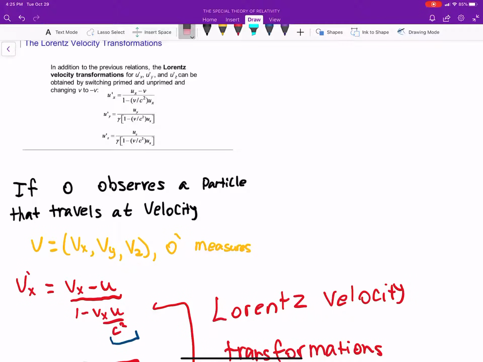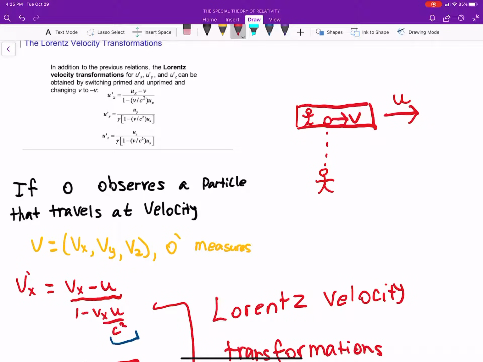To give you an example, say you had a train moving at speed u, and here I am on the outside, you're on the inside, and you roll a ball at speed v.